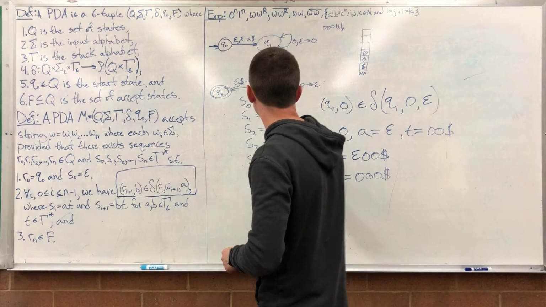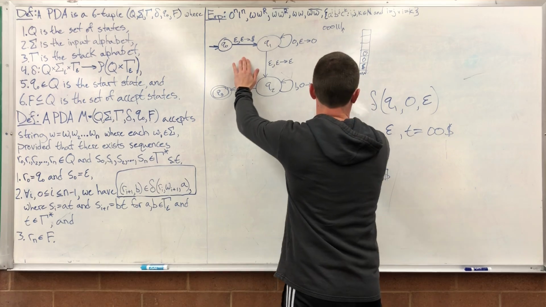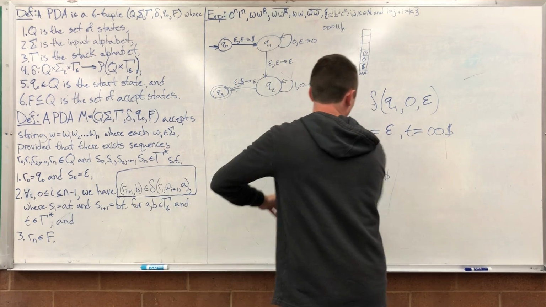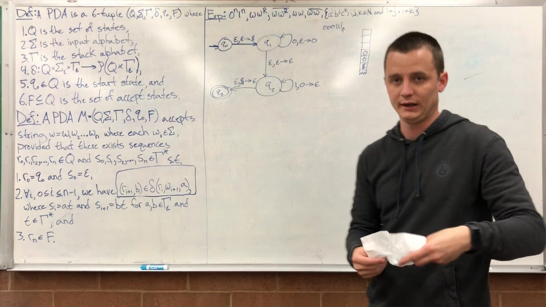Before we continue with more examples, let's write out this machine explicitly. Let's write out a PDA explicitly once, and then we'll never do it again, and you'll see why.